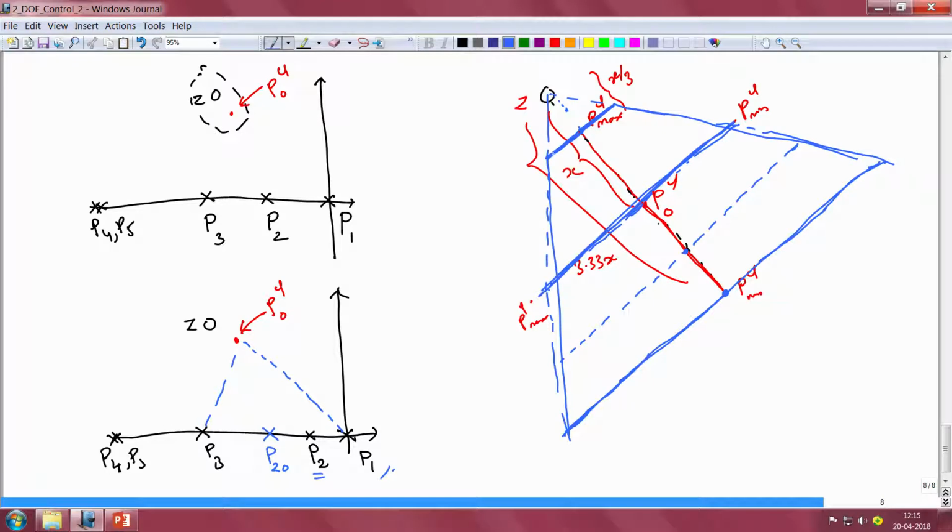So for the maximum gain of the plant, the closed loop pole will vary along that boundary when the plant's pole location changes. For the minimum gain of the plant, the closed loop pole will vary along this edge when the plant's pole location changes.